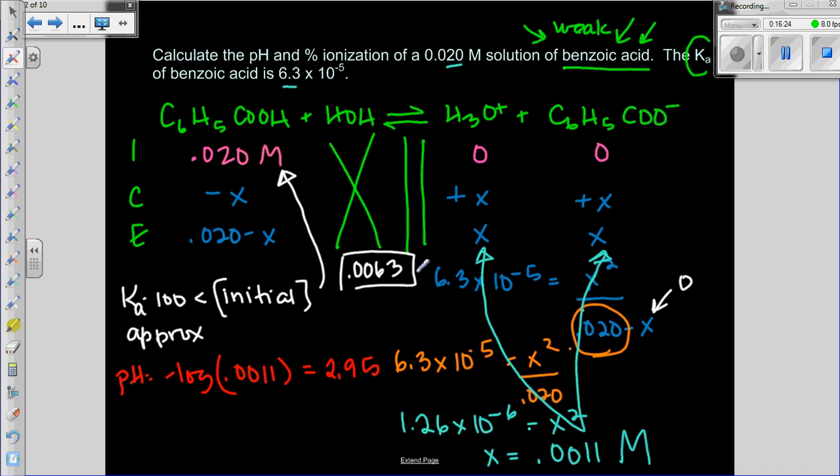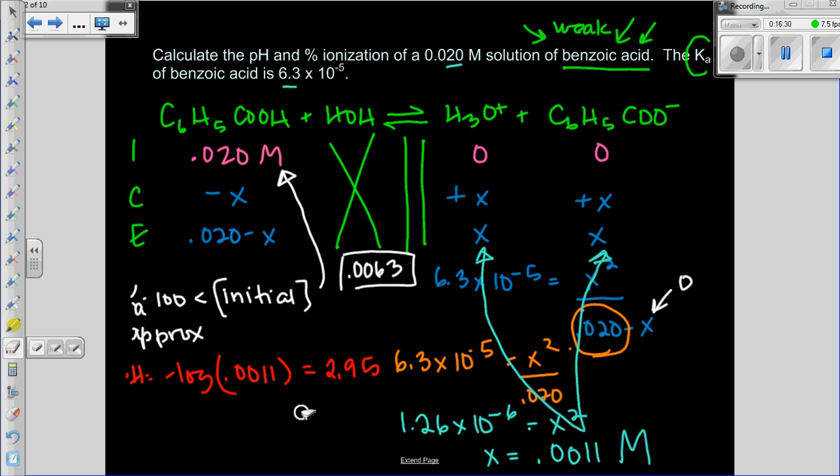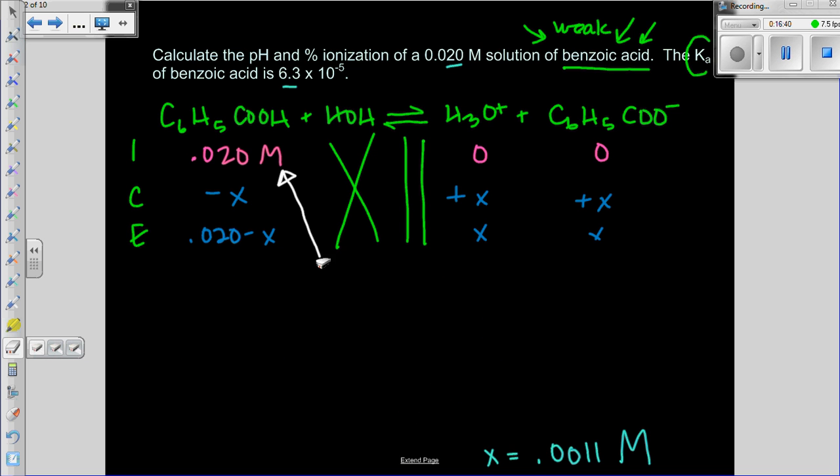So what I want to do is erase the pH work that I did down here. We need our X. We need to know what that is, but we don't need everything else. So let's get rid of that. Okay, so I'm going to actually write this X here.